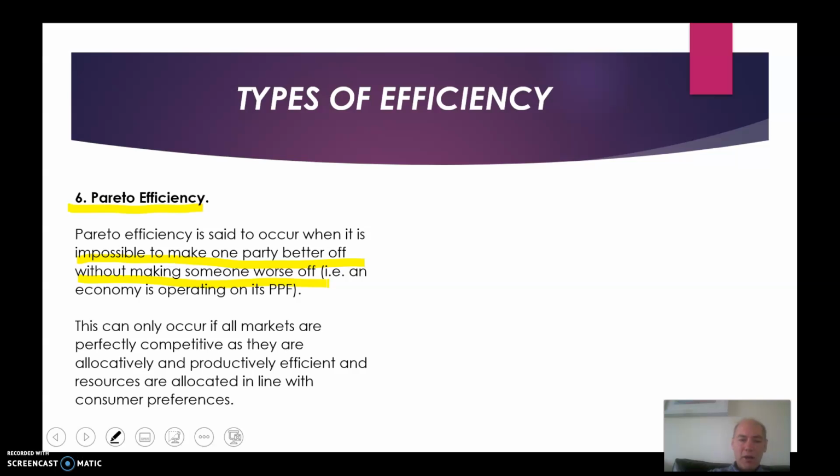Now, this can only occur, and this is very important that you understand this, if all markets are perfectly competitive, because perfectly competitive markets are both allocatively and productively efficient. Don't worry about that, we'll go through that when we get to that topic. And resources are also allocated in line with consumer preferences. So these are the preconditions for Pareto efficiency to occur. Very important to know.